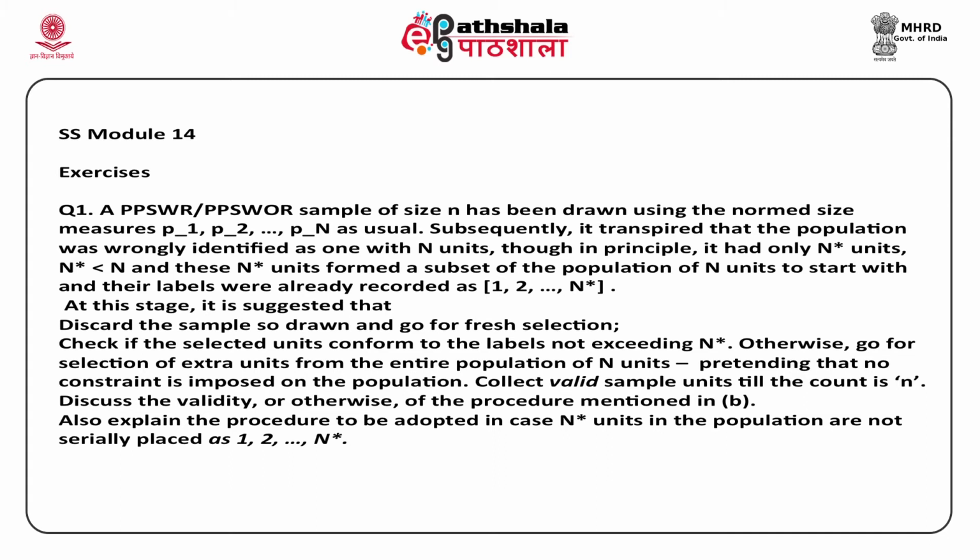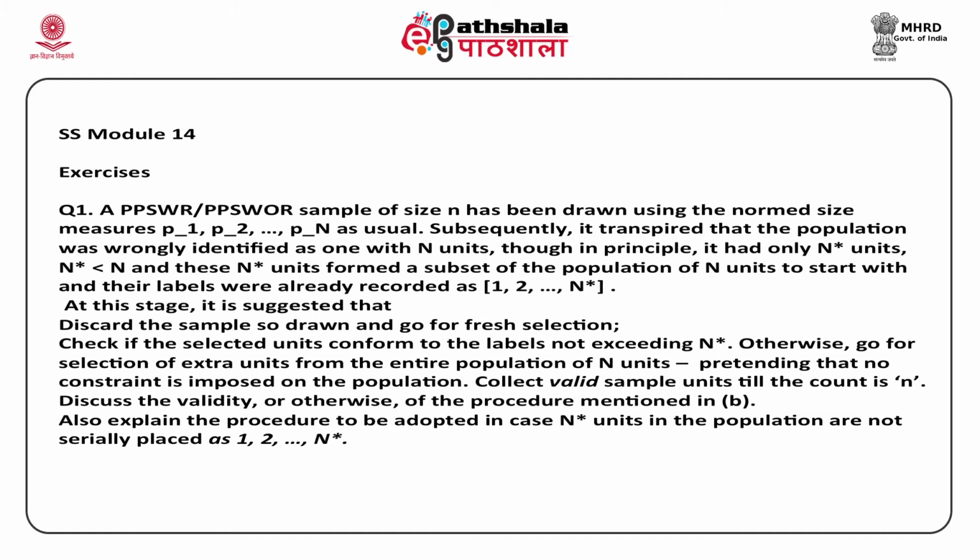So, what does it say now? You started with capital N, you did everything, now you are told no, it is not up to that part, it is only up to this much, n star. So, it is only a subset of the original population units, but luckily for you, these n star are in the beginning, 1, 2, 3 up to n star. After that, cut. That is the idea.